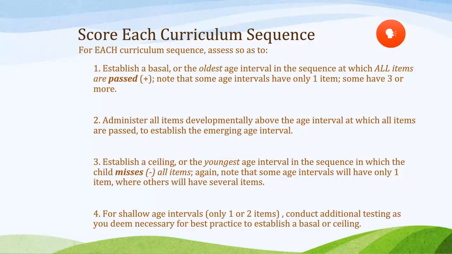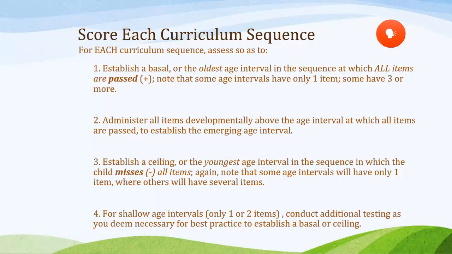Here is an example. Turn to Curriculum Sequence 1, Self-Regulation and Responsibility, in your assessment log. Let's assume the child meets criteria, scores a plus for items G and H, the 12 to 15-month age interval. This is the basal. The child also scores a plus for item I, but scores a plus-minus, emerging skill, for items J, K, and L. Then the child gets a minus for items M and N, 24 to 30-month interval.